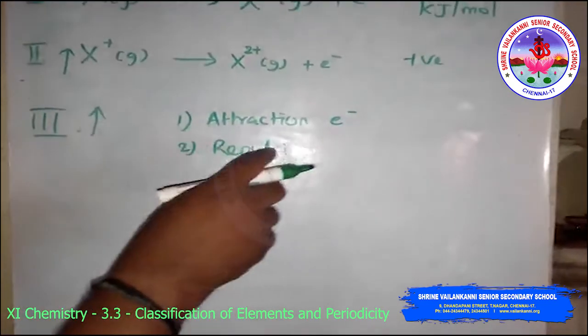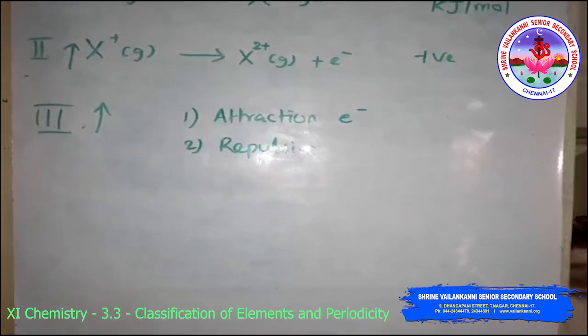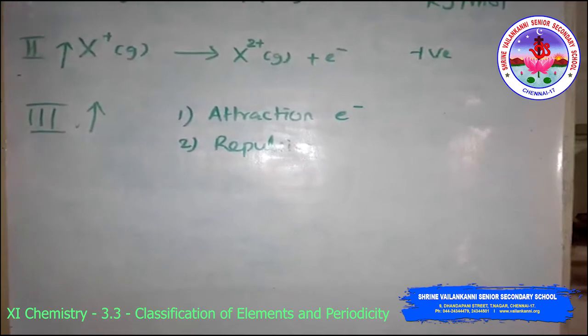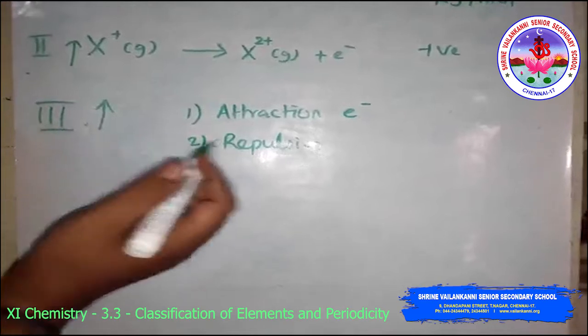The effective nuclear charge experienced by a valence electron in an atom will be less than the actual charge of the nucleus because of shielding or screening.